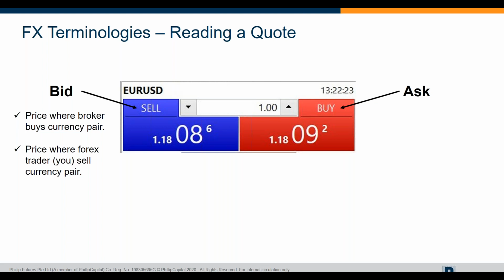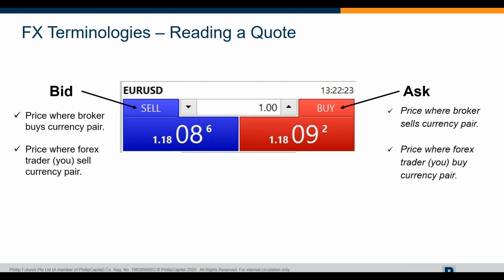So when I have Euro USD and I'm trying to sell Euro USD, I'll be looking at the bid price. On the other hand, if I'm looking to buy Euro USD, I'll be looking at the ask price, which is the price where we buy the currency pair, and the broker sells to us at the buy rate.